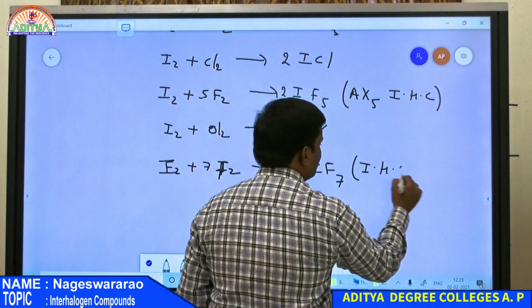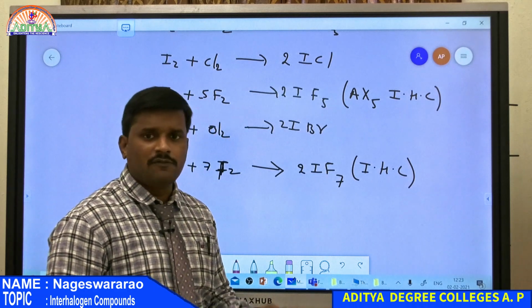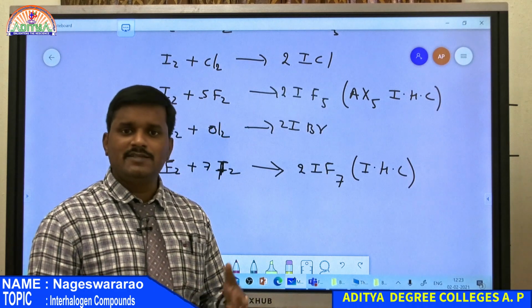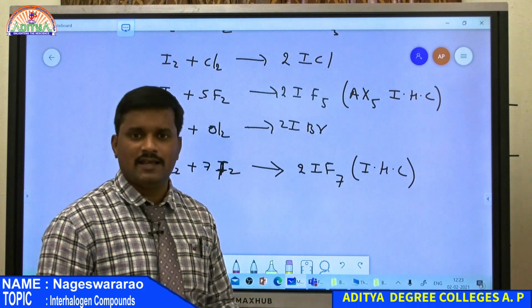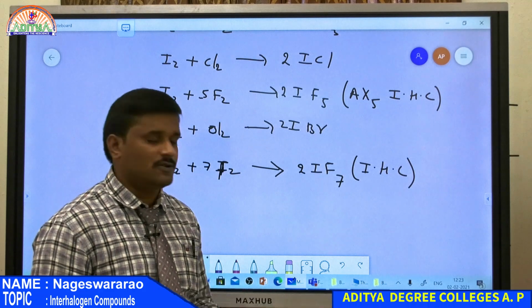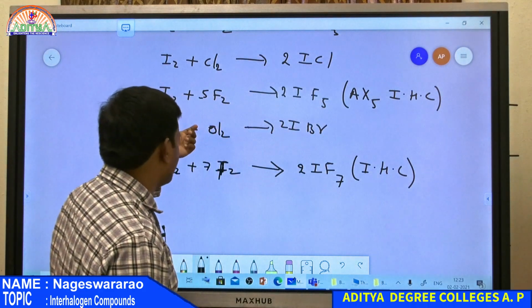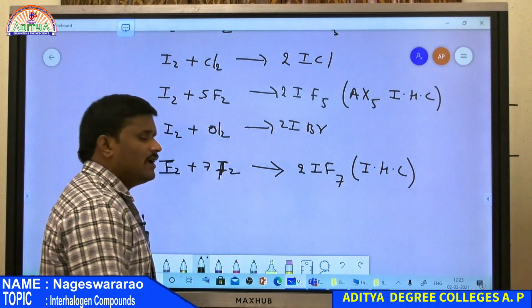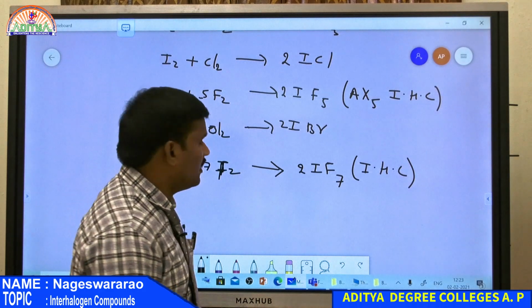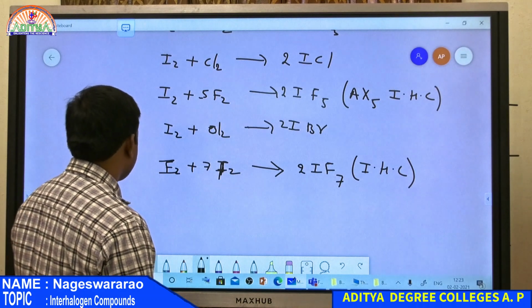All these are prepared directly by mixing one halogen with another halogen. If you want to prepare ICl, iodine gas is reacted with chlorine gas. If you want to prepare IBr, I2 is reacted with Br2. Similarly, any interhalogen compound is prepared directly by mixing two halogens. So all these are preparation methods for interhalogen compounds.